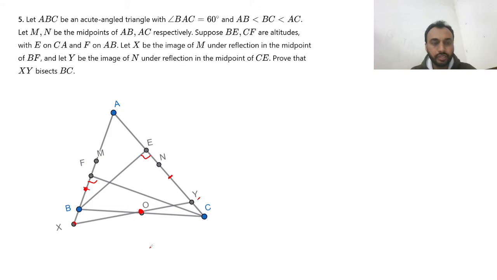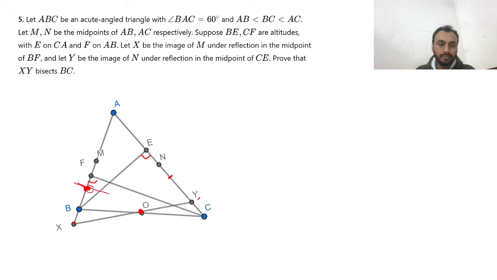Now let's try to figure out a few points about the right angles and about the midpoints. First thing, we reflect M about this point, right? This is the midpoint of BF, or I can say we reflect M about the perpendicular bisector of BF. Yes or no?